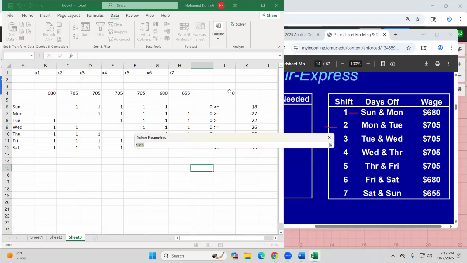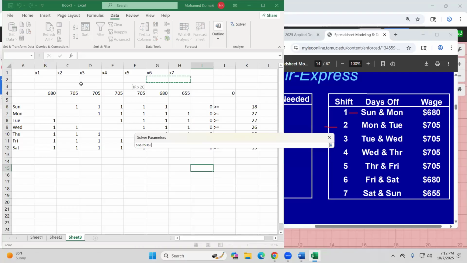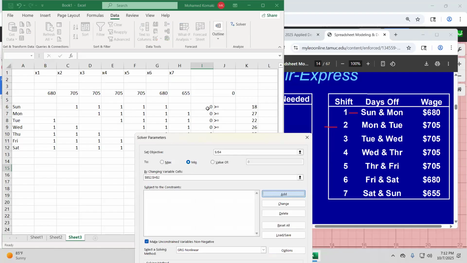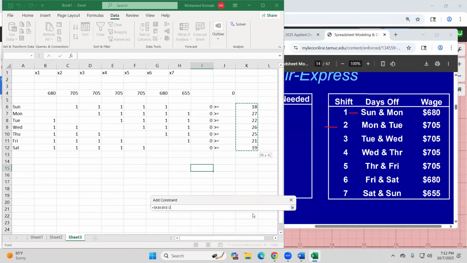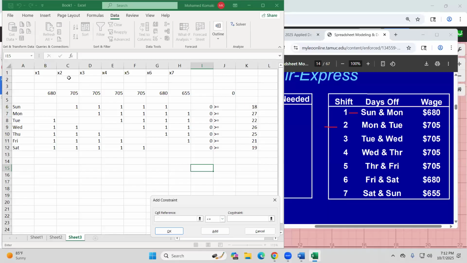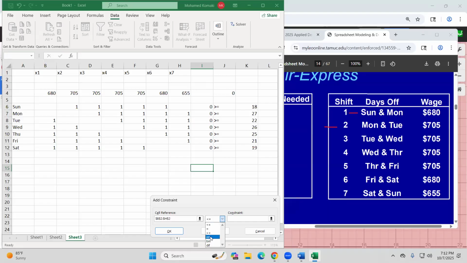This is my objective function, and I want to minimize the costs. And these are my decision variables. When I add my constraints, it is in the form of greater or equal. And one more thing that I need to add is decision variables are integer.